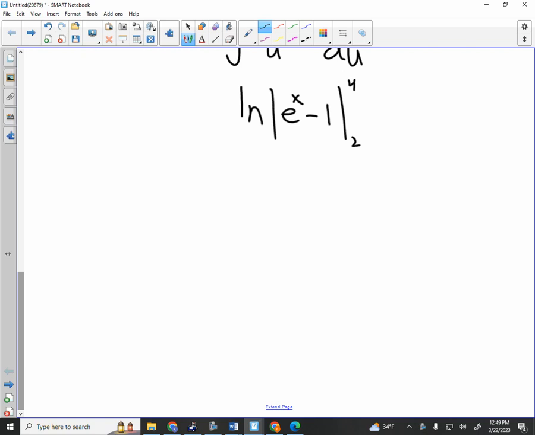So I have the natural log of what? Yep. E to the 4th minus 1. That's going to be positive, so I don't need to use the absolute value sign anymore. Minus the natural log of e to the 2nd minus 1.